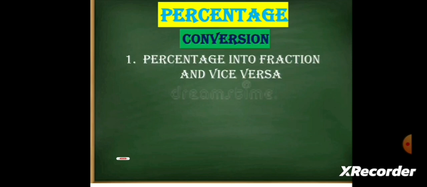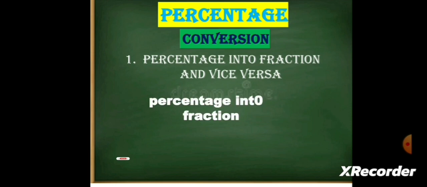In the previous video, you have learned the meaning of percentage. Understand it with the help of shaded part of drawing, and also what does the unshaded part of the drawing mean. Now in this video, you will learn how to solve sums based on conversion of percentage into fraction and vice versa.